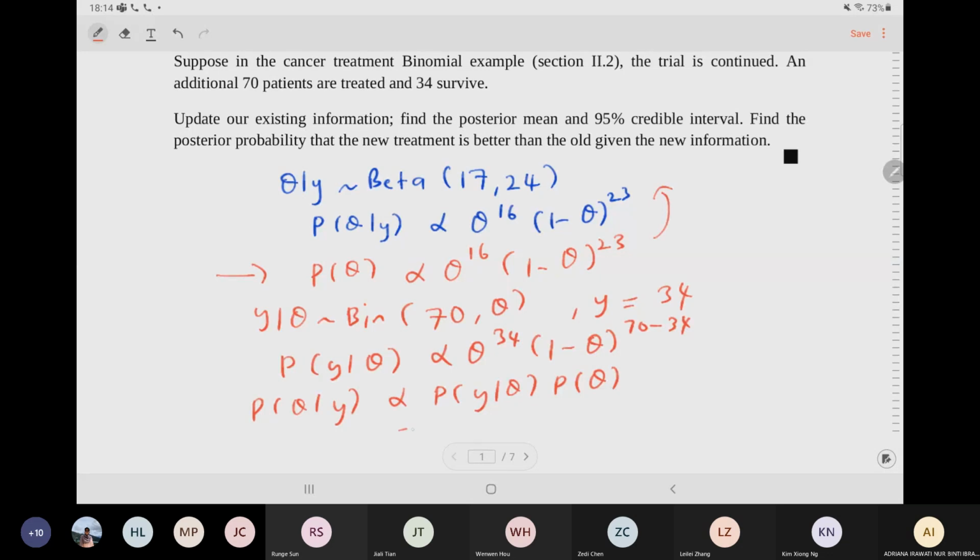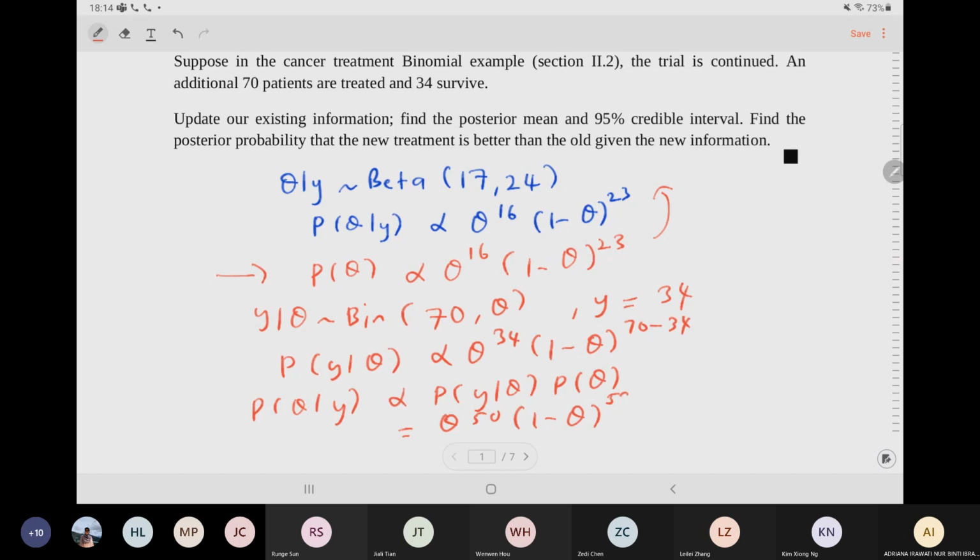If you multiply these two things, you will get theta to the 50 and 1 minus theta to the 59.